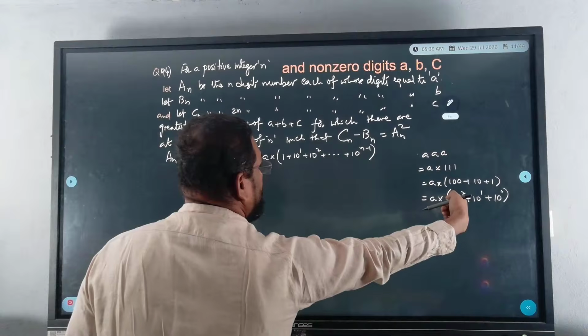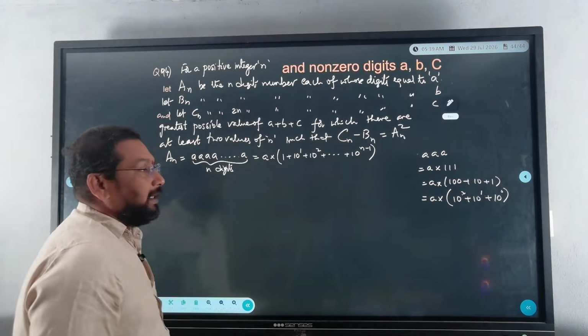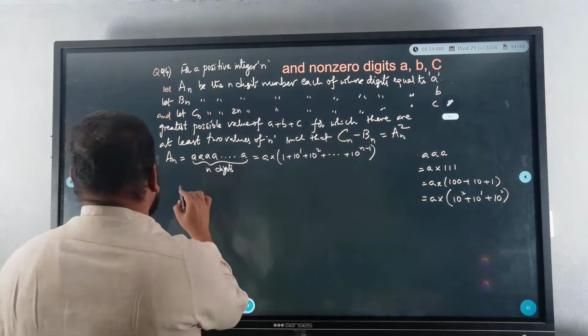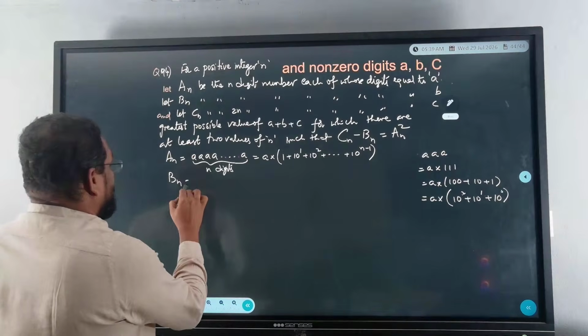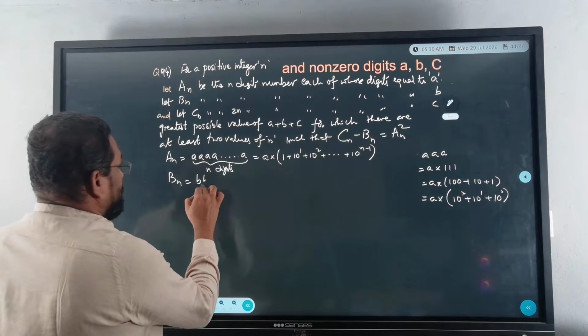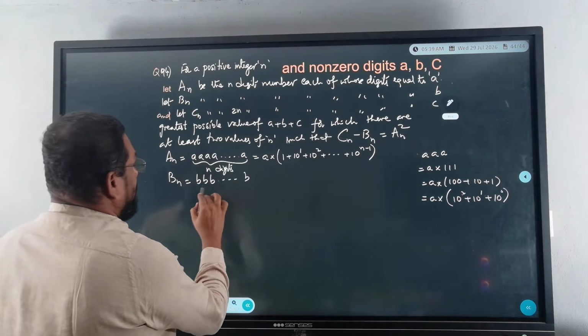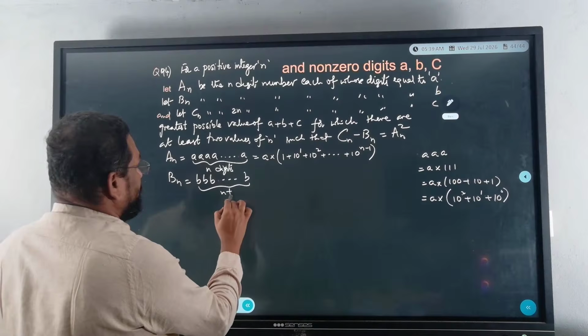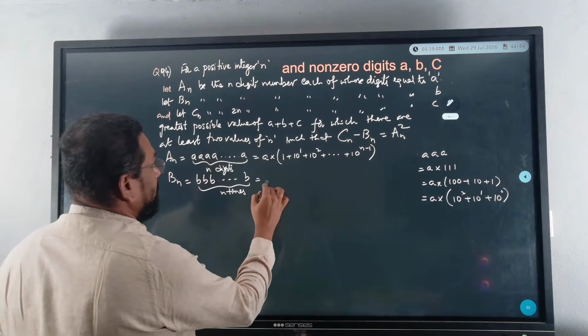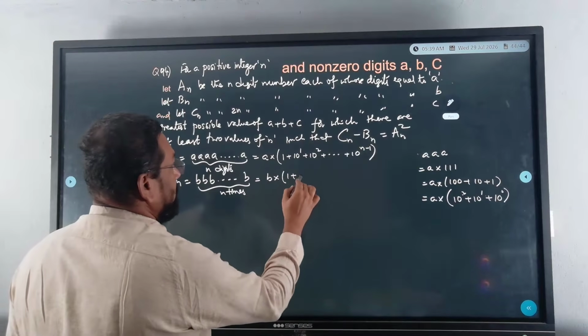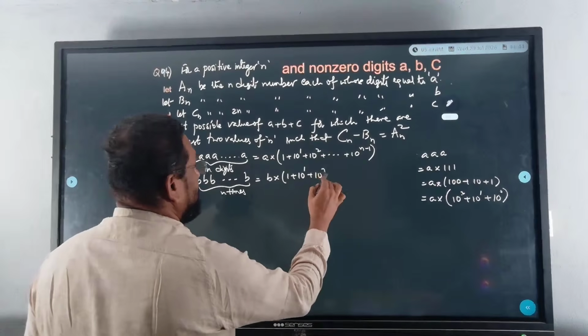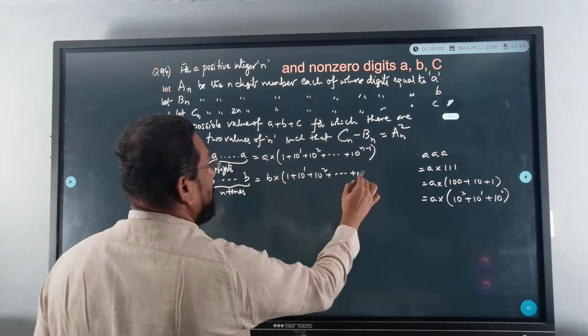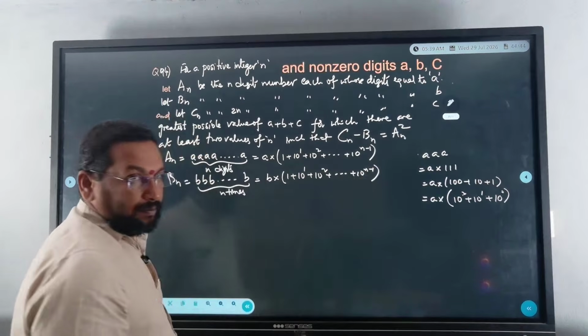Here 3 is 3 minus 1, 2; n is n minus 1. The same way bn, and so on bn times, is b into 1 plus 10 power 1 plus 10 square plus and so on plus 10 power n minus 1.